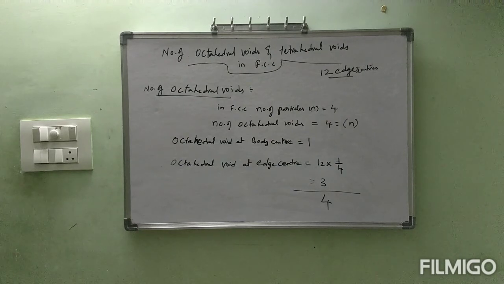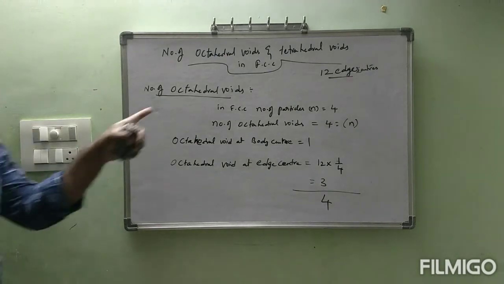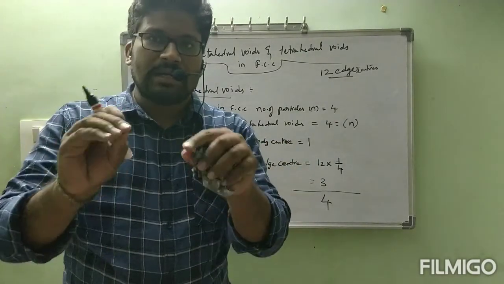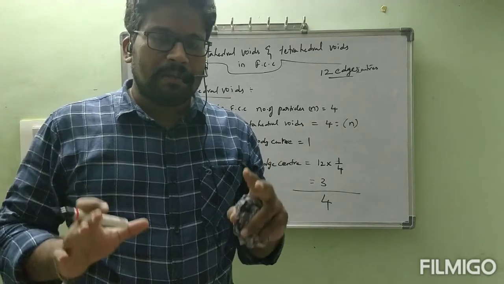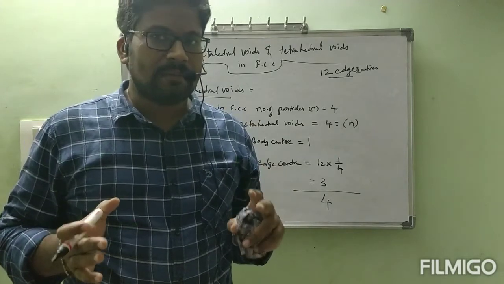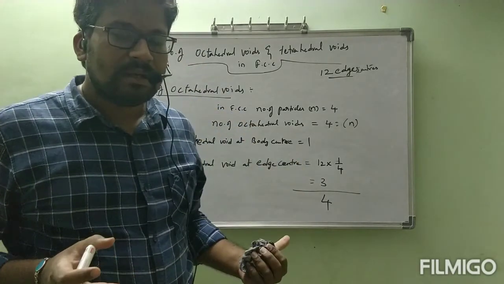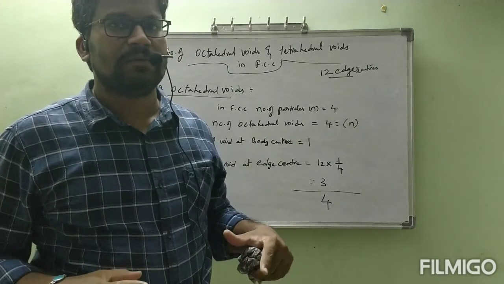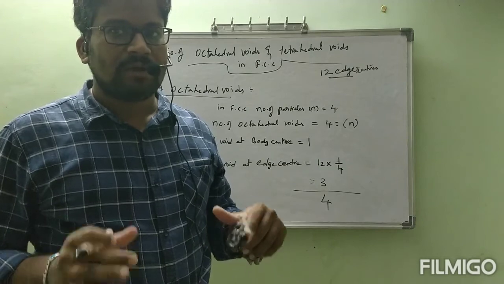I have 2 more classes. It is required, but the thing is here, how to calculate this number of octahedral voids. Okay, one more time if you want explanation, in our group give your individual opinion about the calculation. If you are clear, immediately say to me, sir, we are clear, we understood in what way you explained.